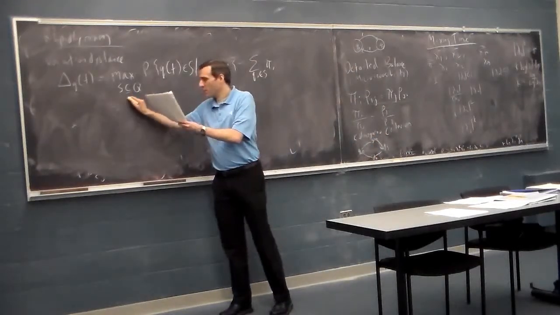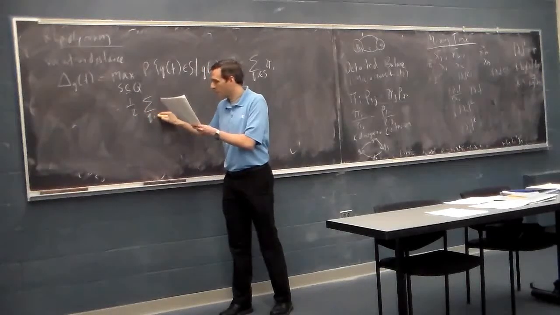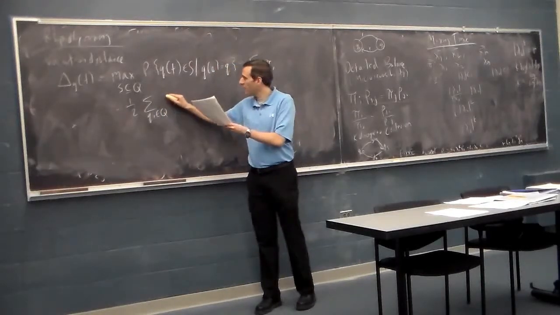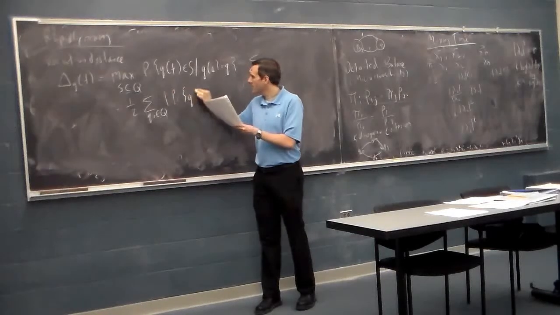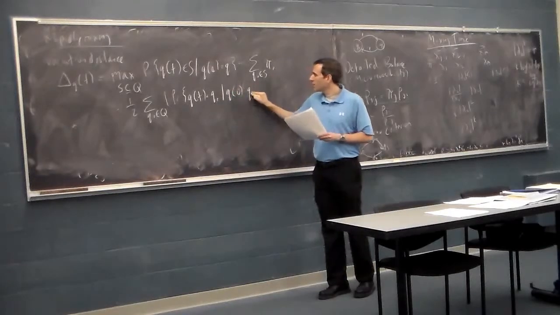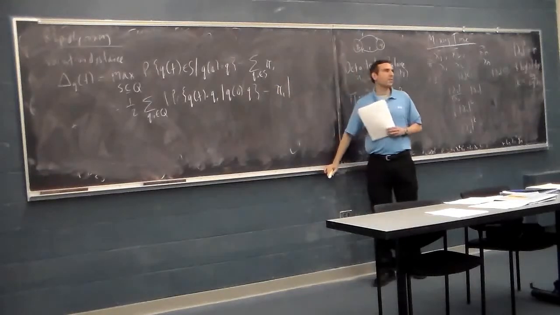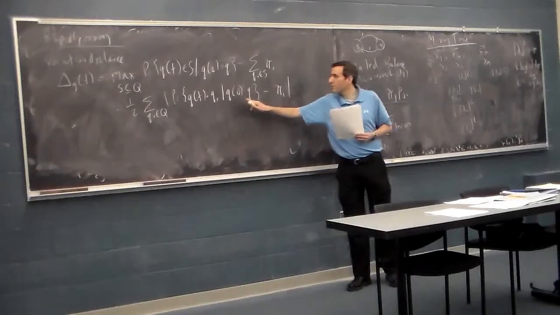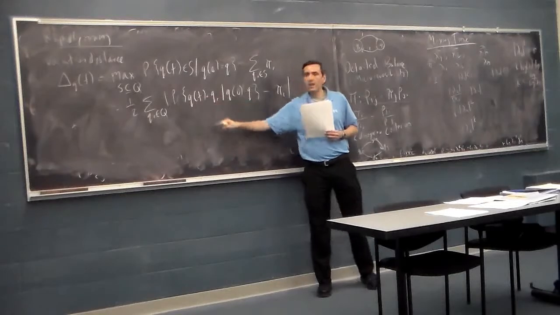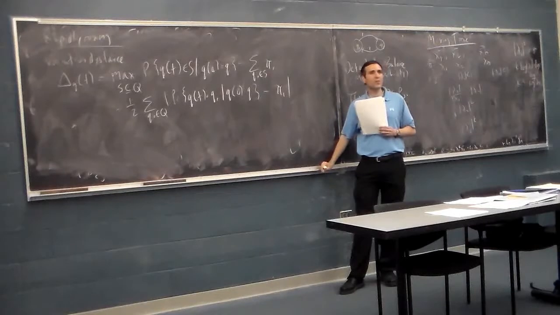It will often be easier to use an alternative way of expressing this. It is one half the sum over all the states qi in Q of the absolute value of the probability that q of t equals qi, given q of 0 equals some initial state q, minus pi I. So just the sum of the absolute values of the differences between the probability of being in state I at step t and the probability of being in state I in the limit as the number of steps goes to infinity.